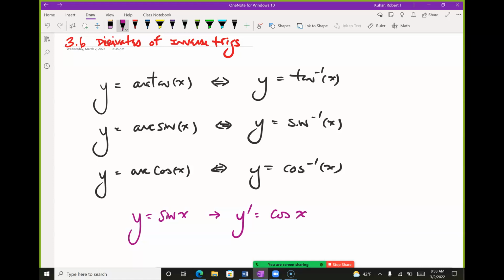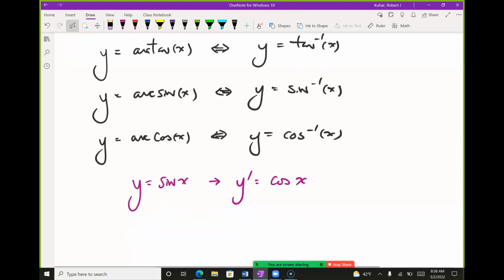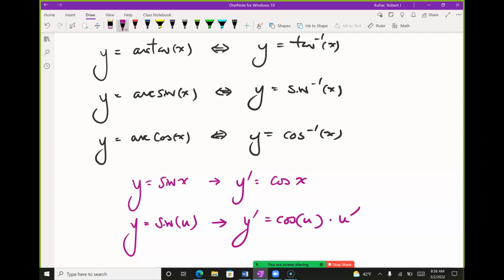But today we're going to be looking at something like y equals sine of u. Now that we know implicit, my inside function is an unknown function. So when I do my derivative, I have to say y prime is cos of u times u prime. I have to put this chain rule piece back in because we're going to be putting some complicated functions into these inverse trigs, okay? Is this clear?